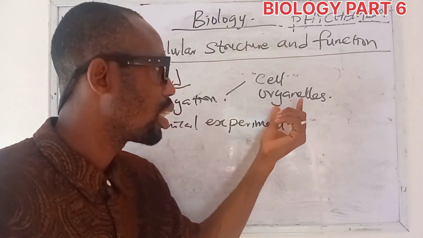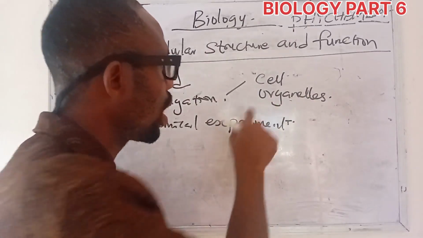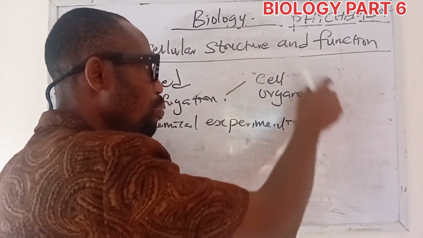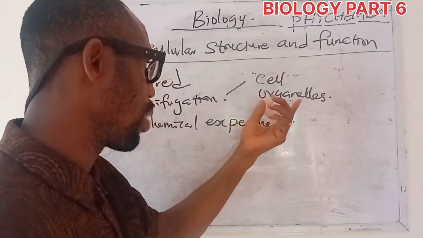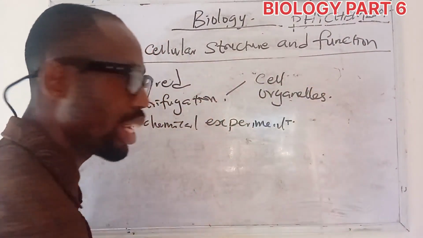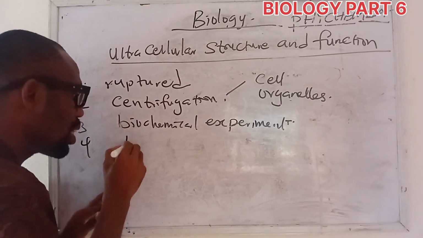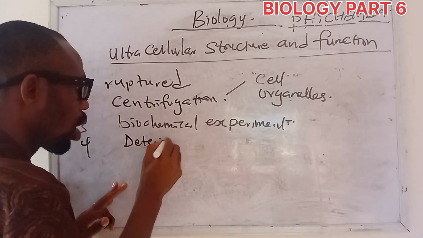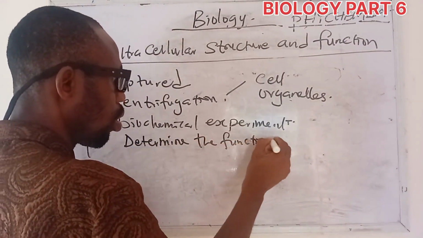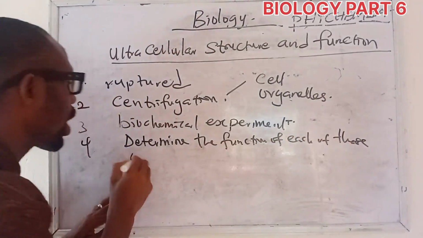Now you might be asking, you hear me say cell organelles. What are cell organelles? Cell organelles are special structures that perform a specific function in the cell. So a biochemical experiment will be carried out on each of these organelles, and this will help scientists to determine the function of each of them.